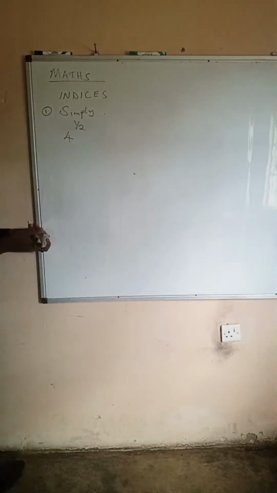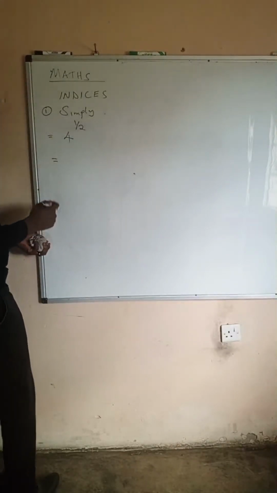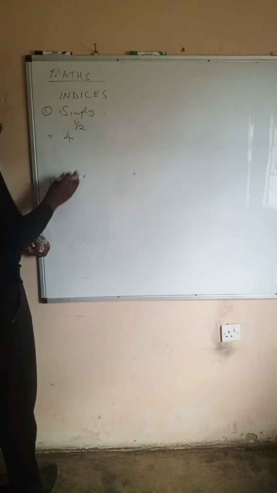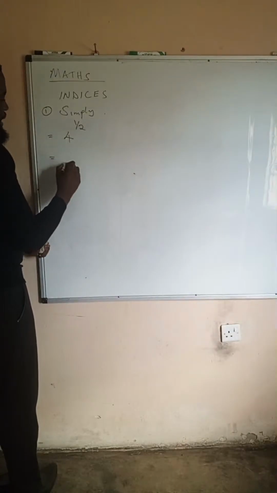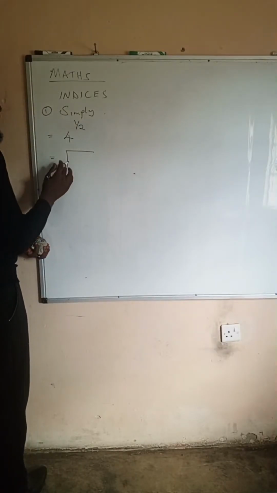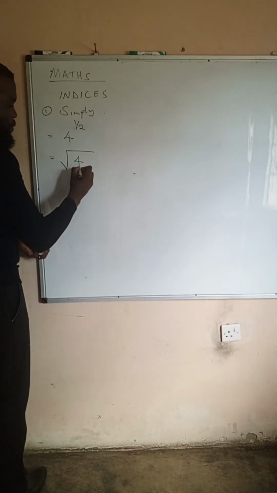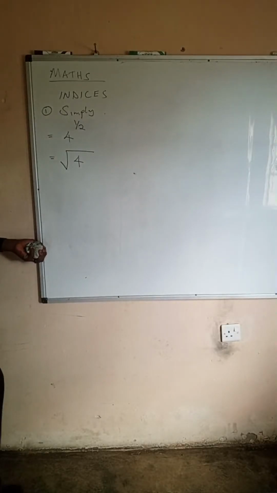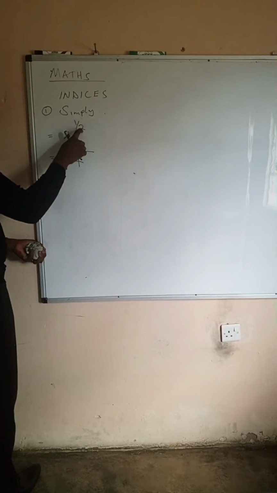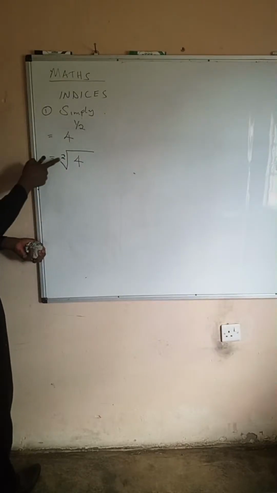When they give you a number raised to a fractional power, you first put a square root like this, and you put the number inside the square root. Then the number down in the power, 2, you put in front of the square root.